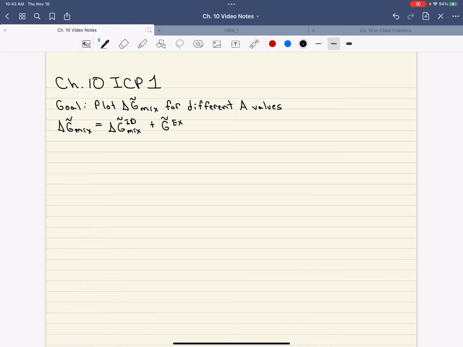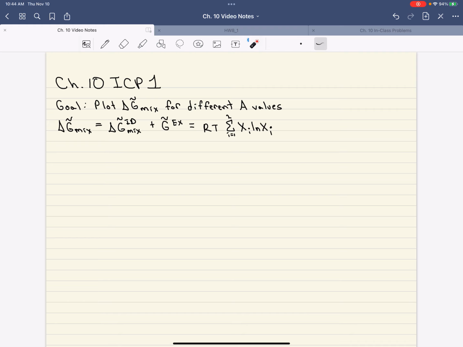For an ideal solution, the delta G of mixing is only affected by the entropy of mixing, so RT times the summation of xi ln xi. This is something we derived back in chapter 8.